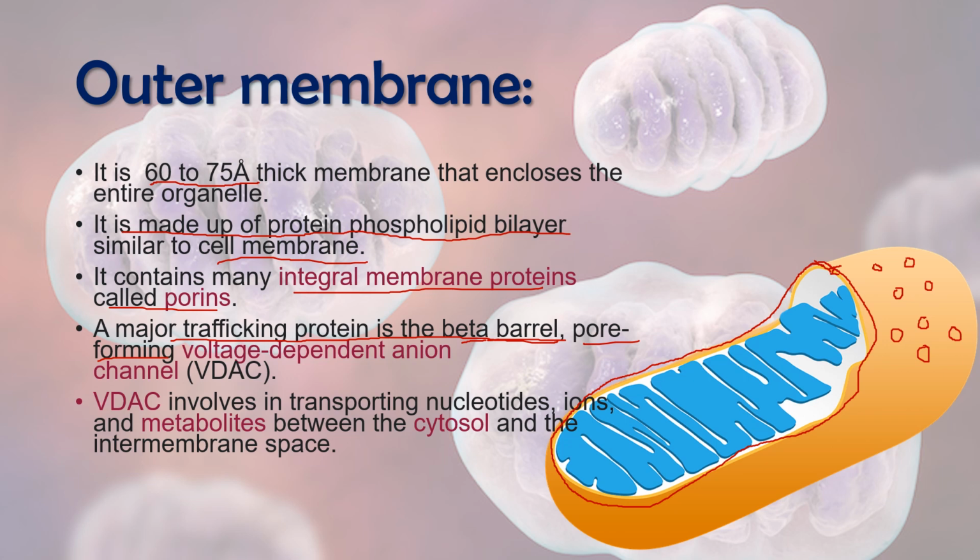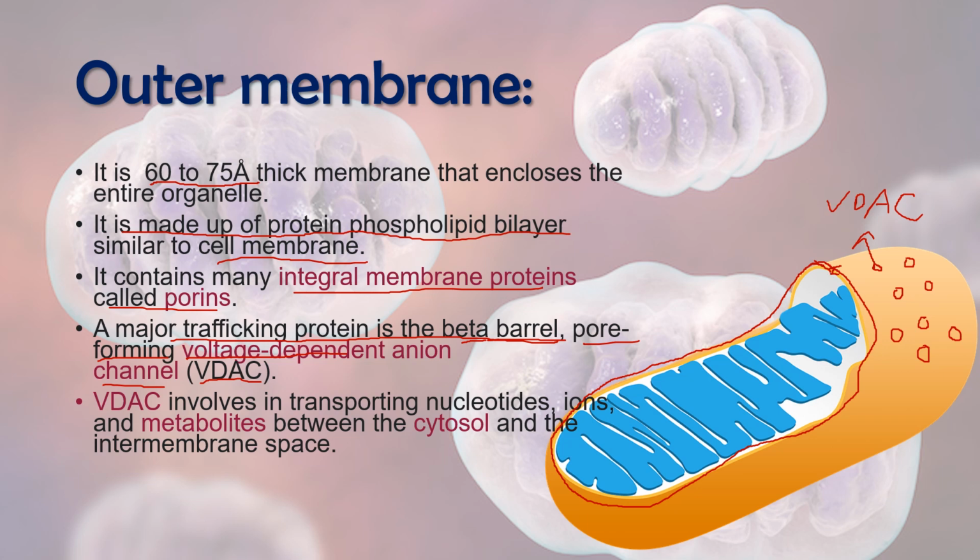This particular beta barrel pore forming protein is the voltage dependent anion channel. This is VDAC. This particular porin is known as VDAC, which means voltage dependent anion channels.